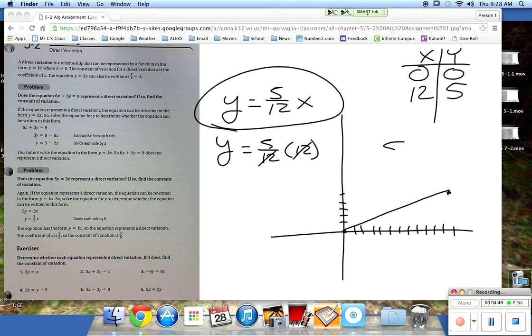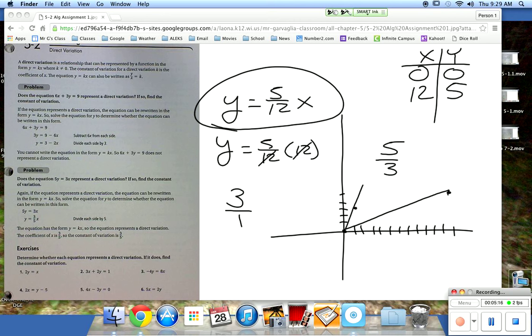You could have 5/3. You could have just 3. 3 would be 3/1. If you're going to work with that slope, if they gave you just 3, then your slope is actually 3 over 1, which means I go up 3 and I go over 1.